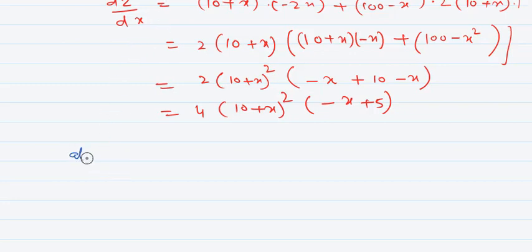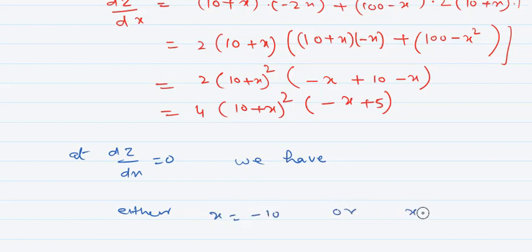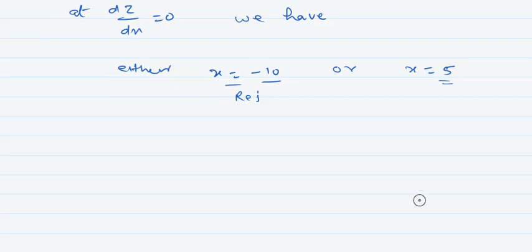So at dz upon dx equal to 0, we have either x equal to minus 10 or x equal to 5. x equal to minus 10 is rejected because it is not possible for the dimension of any figure to be negative. So therefore x equal to 5 is the value of x.